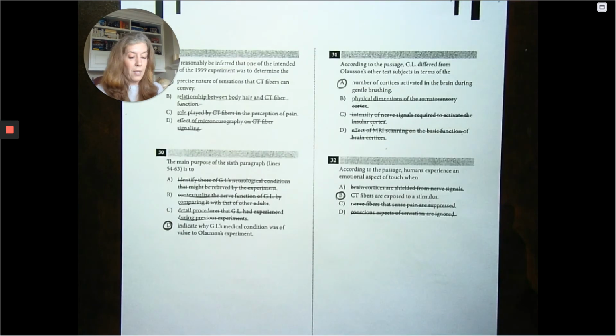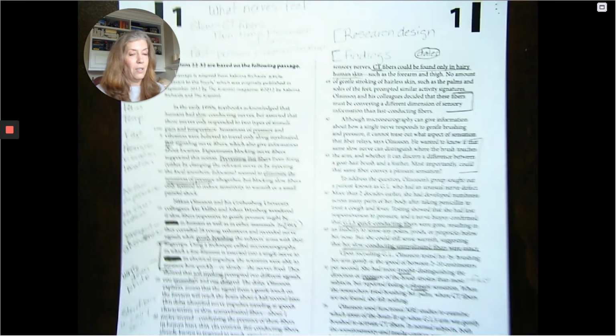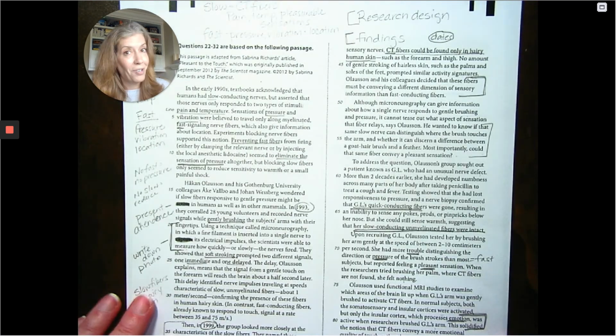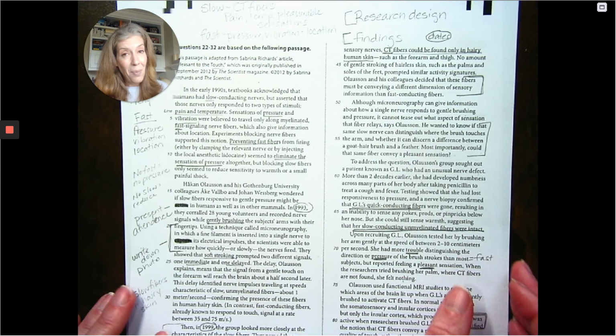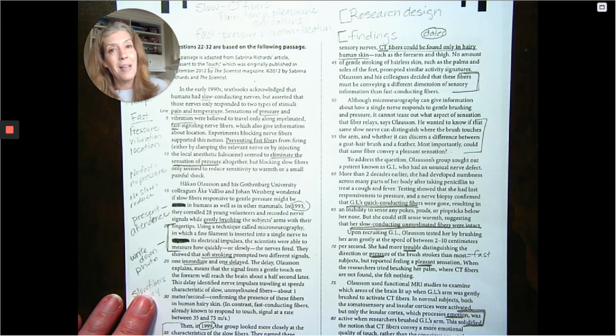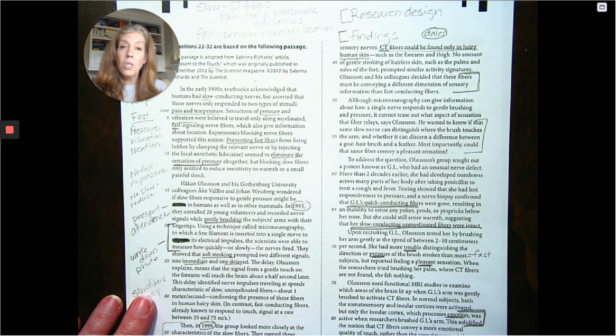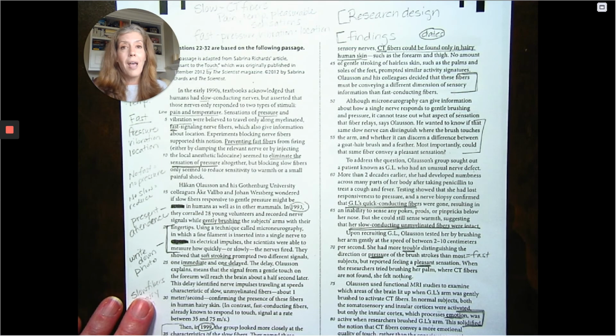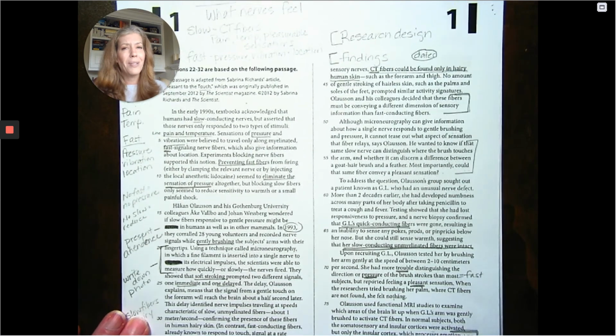So that's the science section, science no table section. Of course, at some point in your five different passages, there will be a science with a table section. So we have that to look forward to, but we know exactly what to do when we see science. Look for research design, look for findings, circle dates, and of course, as always, read for theme.